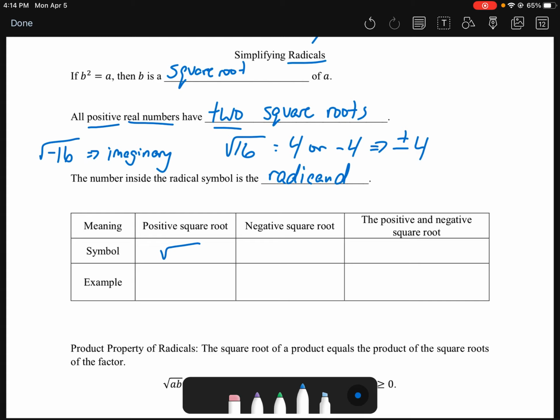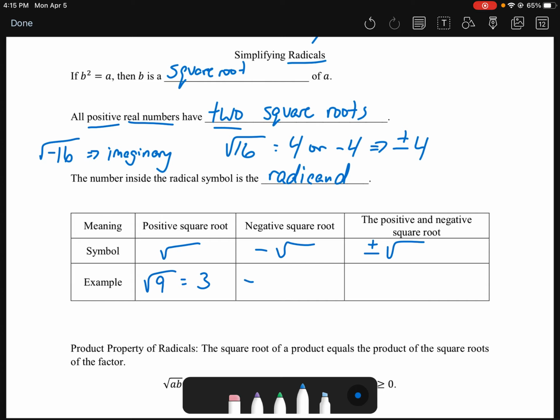If we're talking about a negative square root, that's when you have the negative sign out in front of it. And if we're looking at the positive and negative square root, you'll see the plus or minus sign in front of it. So some examples, if you just see the square root of 9, you can expect to just get the answer 3 back.